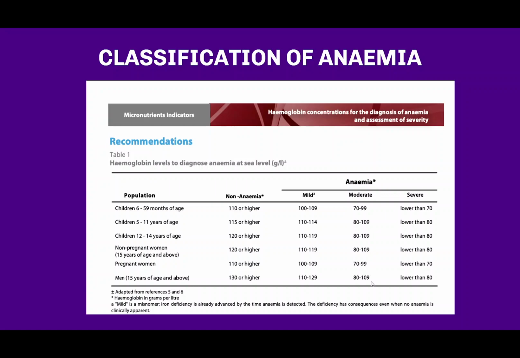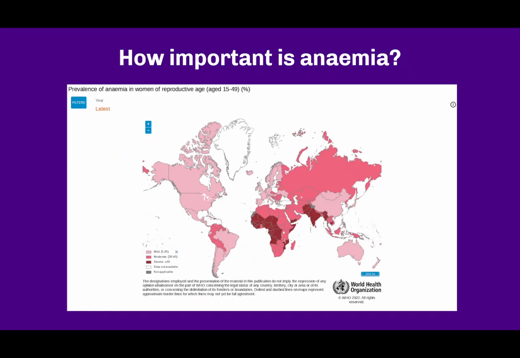Moderate is around 80 to 109 gram per liter, and severe anemia is when the HB is lower than 80 gram per liter, or lower than 8 gram per deciliter. It can be confusing, but it's very easy to convert from gram per liter to gram per deciliter.